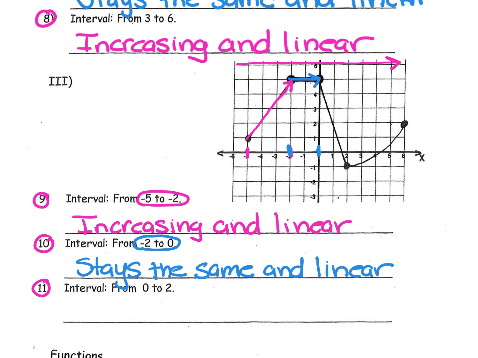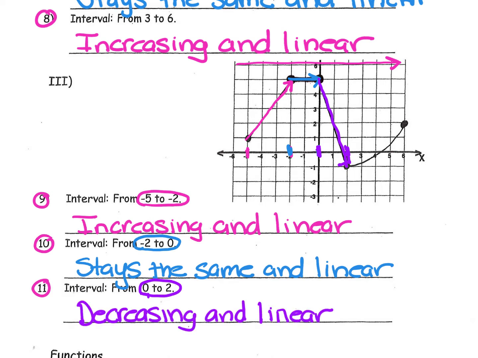Finally, let's take a look at the section from 0 to 2. From an x of 0 to a 2. We can see it's straight and decreasing in that interval. So you would say that that piece is decreasing and linear.